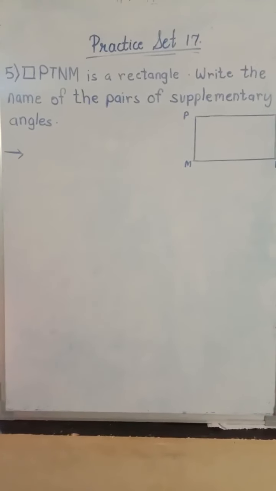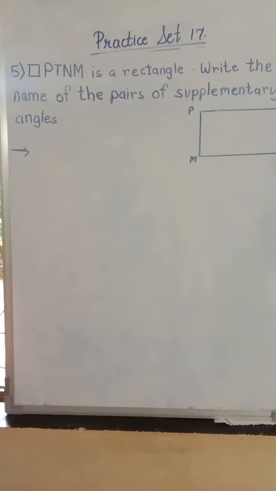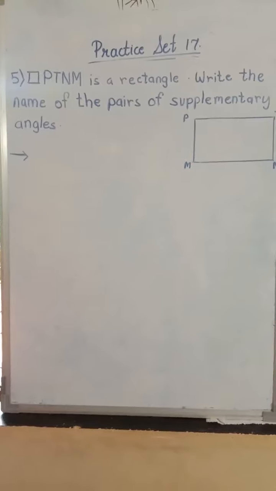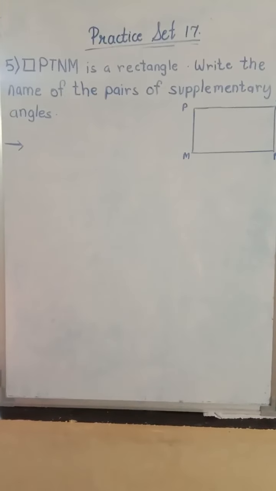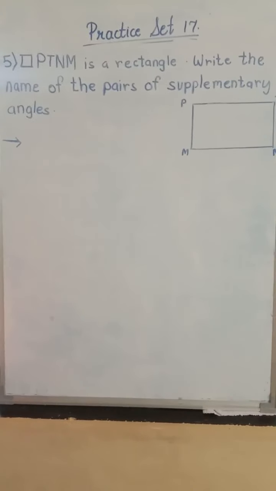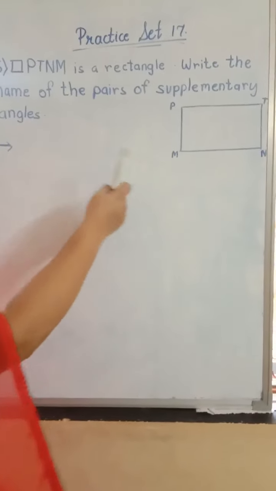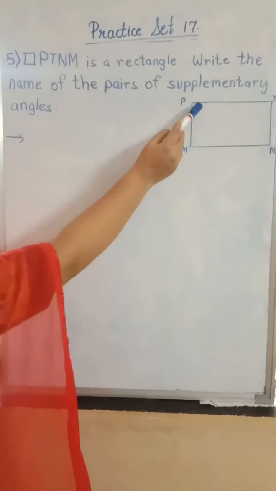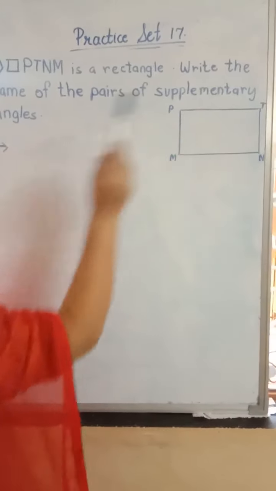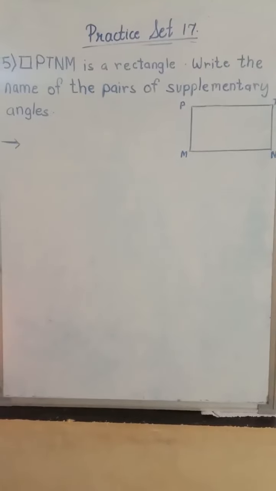Now we will solve the fifth sum, that is: quadrilateral PTNM is a rectangle. Write the names of the pairs of supplementary angles. Now you have studied the rectangle, this figure, from 3rd standard. And every angle of this rectangle measures how much? 90 degrees.